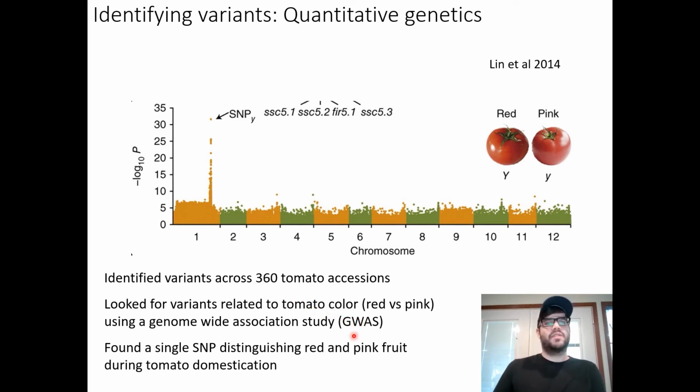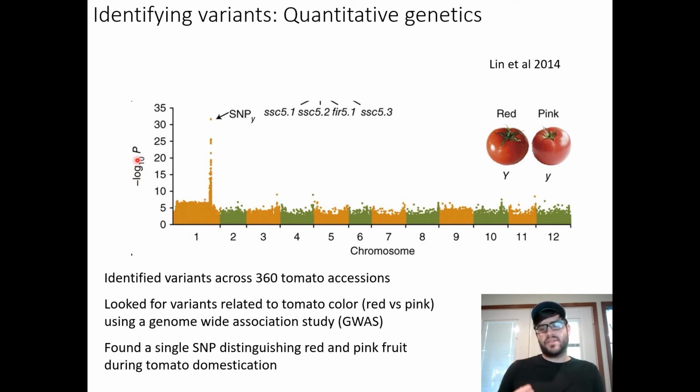Basically, for a simple qualitative trait, you might have the skin color of pink tomatoes over here versus red tomatoes over here. And then you would say, okay, we have this list of a couple million variants. Which ones are associated with cultivars that have red flesh and which ones have pink flesh? Then you run a statistical test on each one of those SNPs. What they found was this single region of this chromosome, and each base pair here has a LOD score.